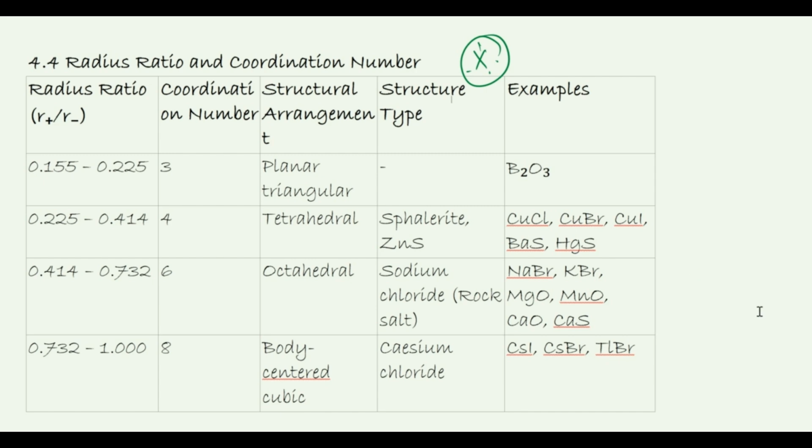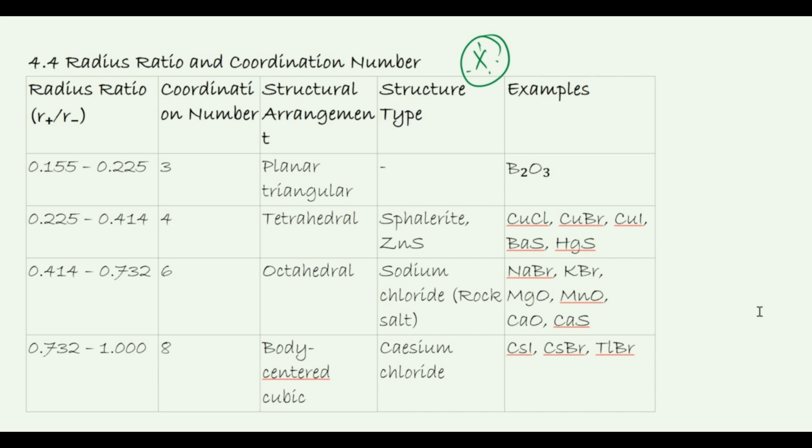Sodium chloride comes under this category. And finally 0.732 to 1, the body centered cubic, cesium chloride type, and CsCl, CsI, CsBr and everything comes under this category.